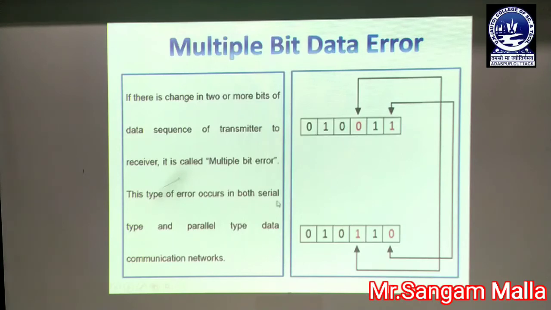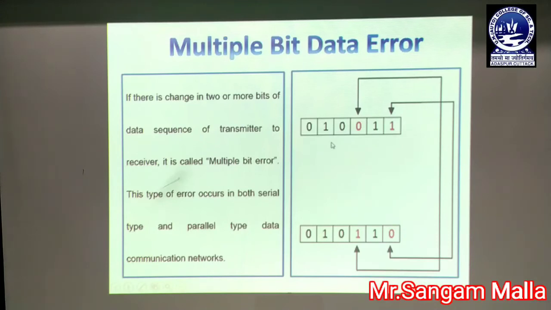Because serial data has more data that needs to be transferred from the sender side to the receiver side, there are a lot of chances that instead of a single bit error we have a multiple bit data error. You can see the image over here. This is the inputted data and this is the outputted data, that is, the data sent from the sender side and received at the receiver side.